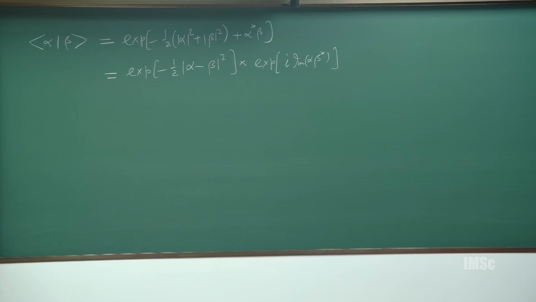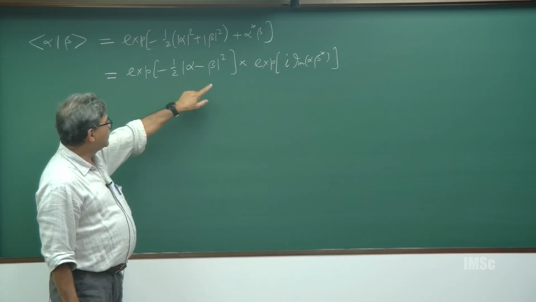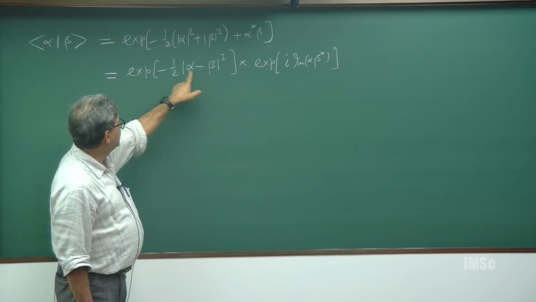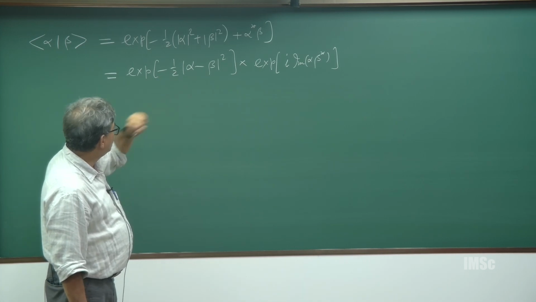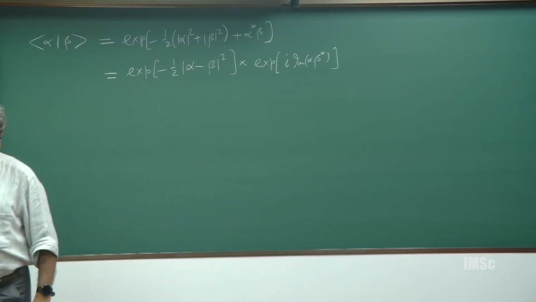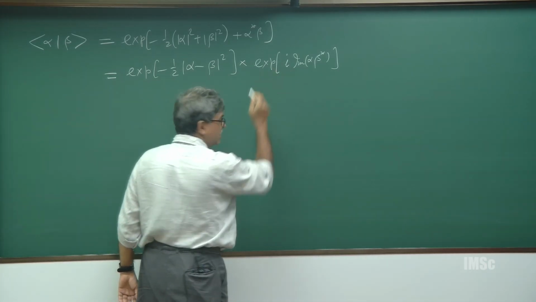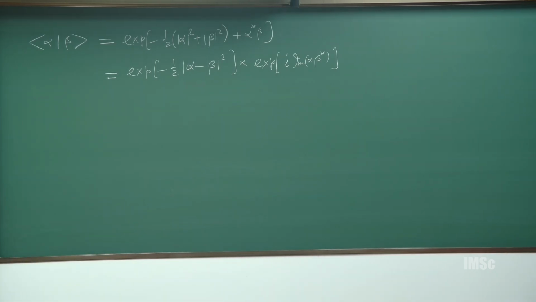It should be so. This is alpha beta star, so plus a half alpha beta star. I think this is correct. Just my question is whether this will be plus or minus. I think it is plus. Anyway, this is a simple matter, you can verify.